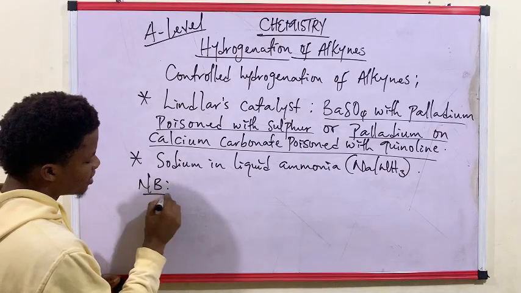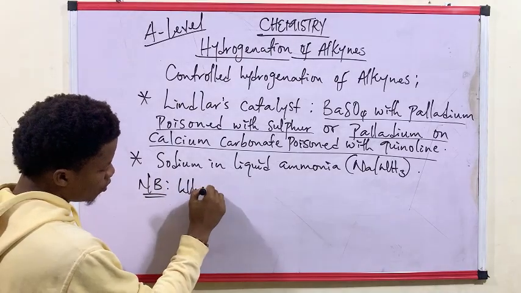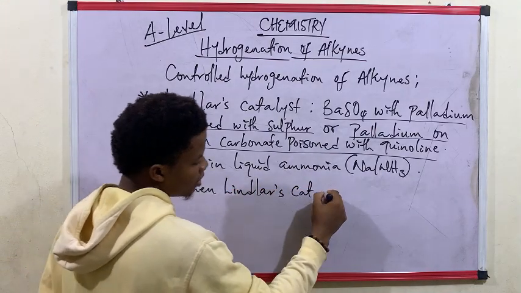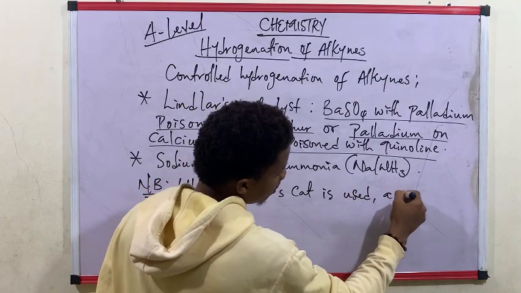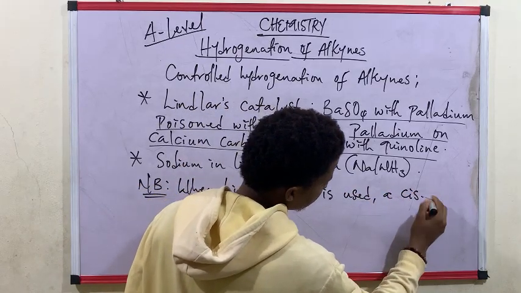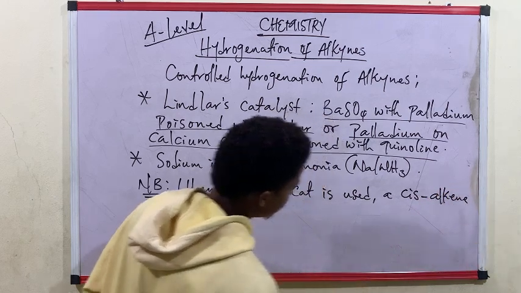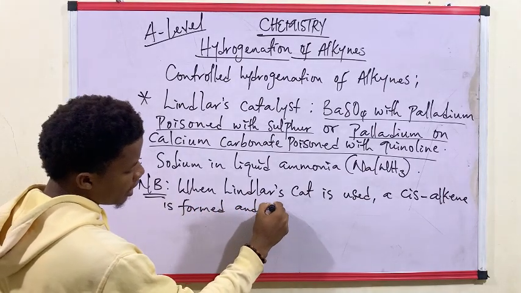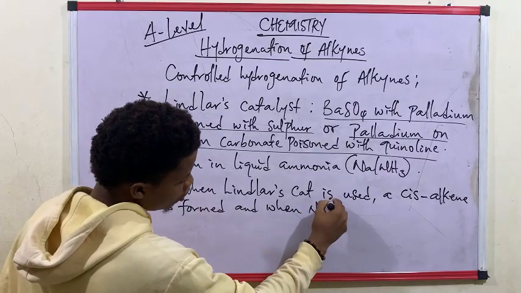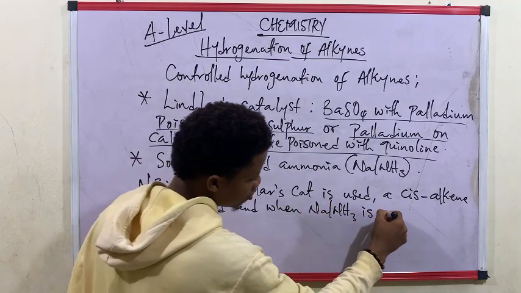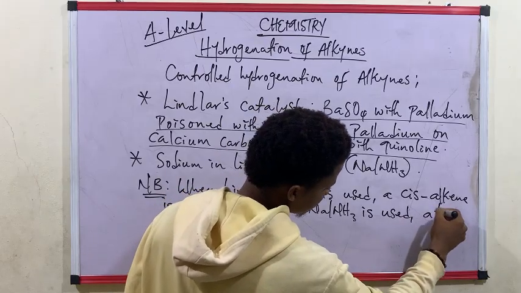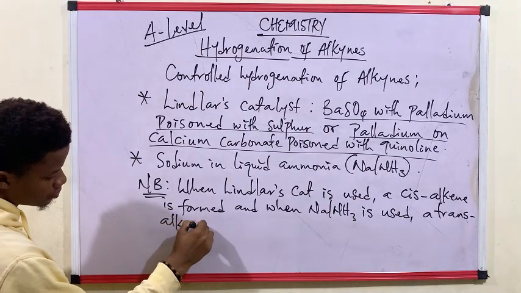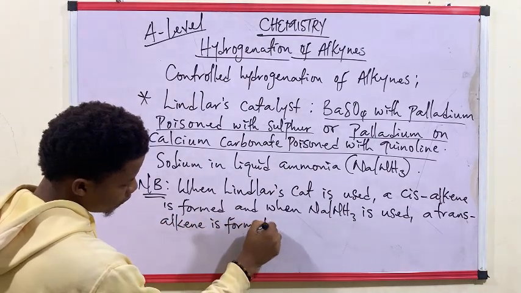Now please note that when Lindlar's catalyst is used, a cis alkene is formed, and when sodium in liquid ammonia is used, a trans alkene is formed.